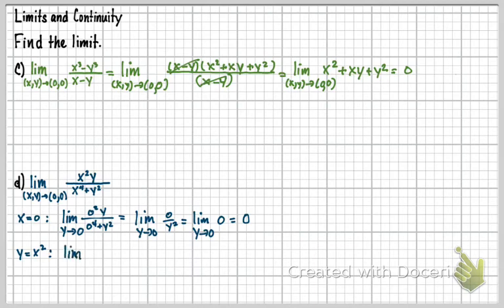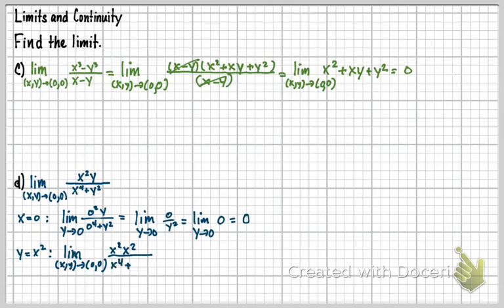So the limit as x, y goes to 0, 0 here, this is going to give me x squared from the first piece up top, and that's up here. And then I get a y, so I'm going to have another x squared up there. And then on the bottom, I'm going to have this x to the 4th.